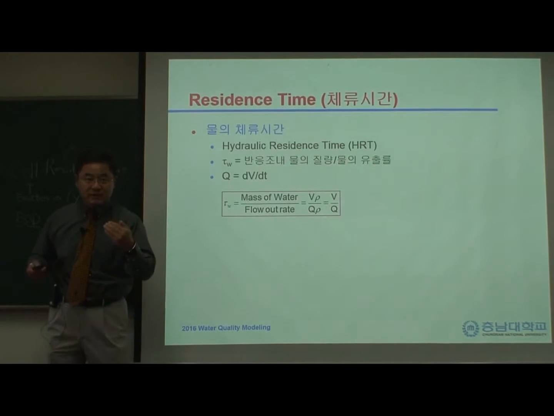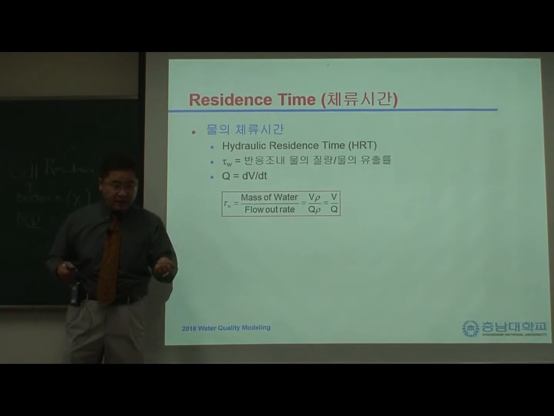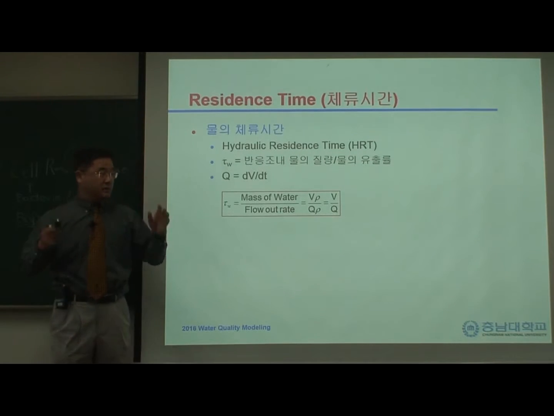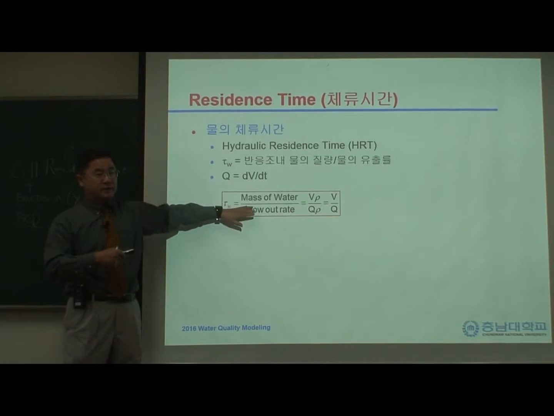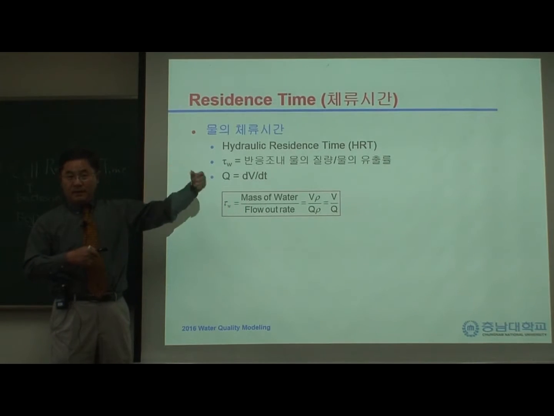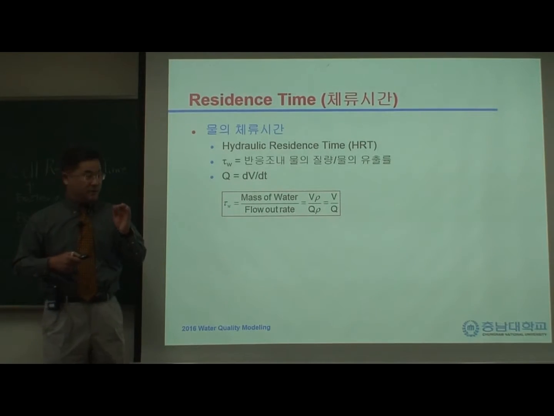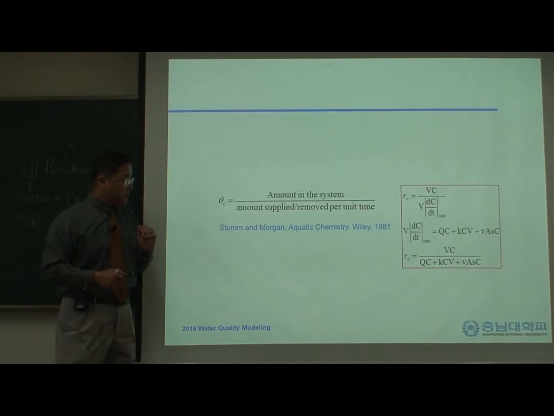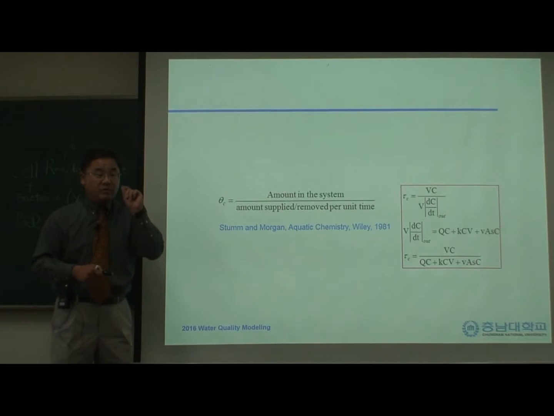For concentration, it has K, it has Vs, right? The different material. So in this case, we can say K and Vs are regarded as zeros. So that's why we have V divided by Q. On the other hand, if we had K0, Vs0, then the whole thing is 0, right? And this is true for pure water, okay?